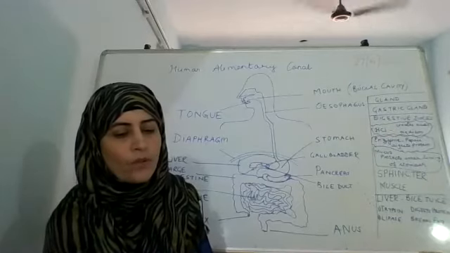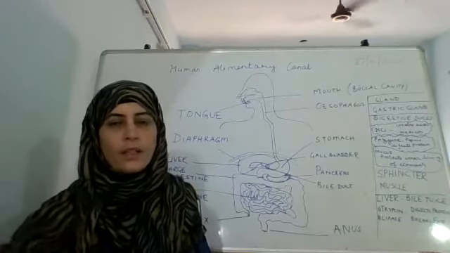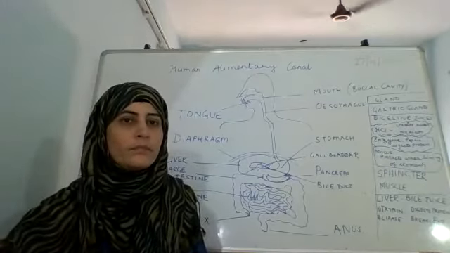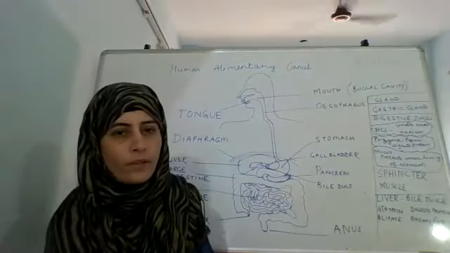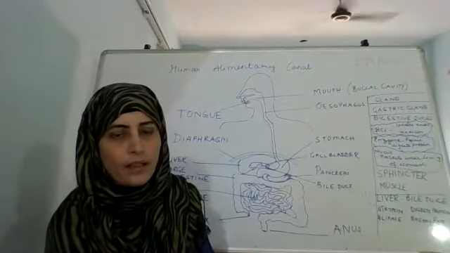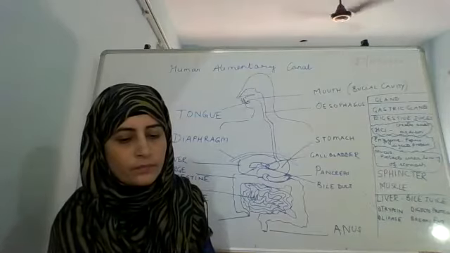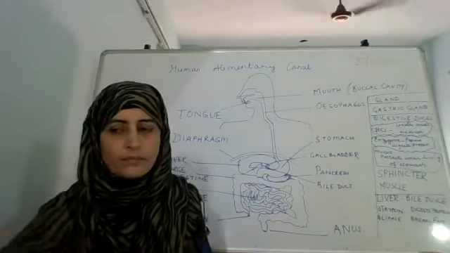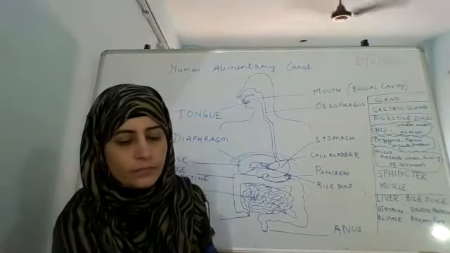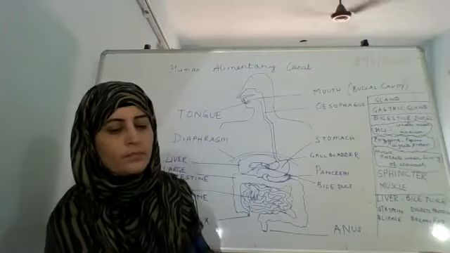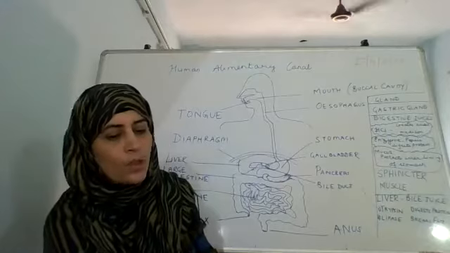The walls of small intestine contain glands which secrete the intestinal juice.